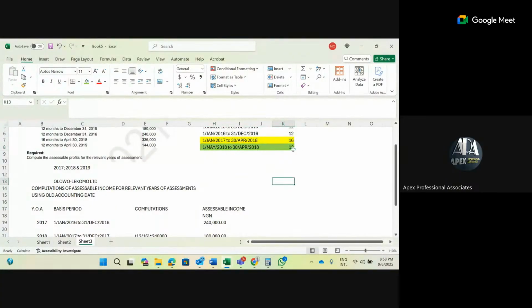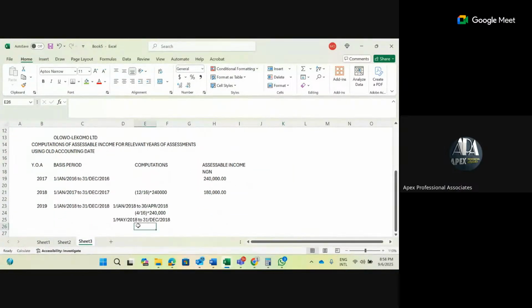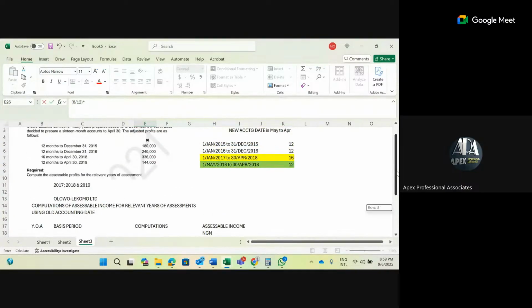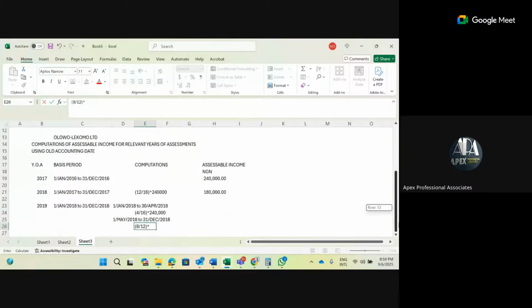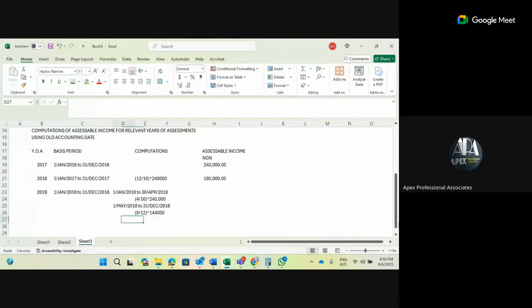This one is a period of 12 months, but you are looking for a profit of a period of 8 months. So that means you are doing 8 divided by 12 times 144,000 naira.